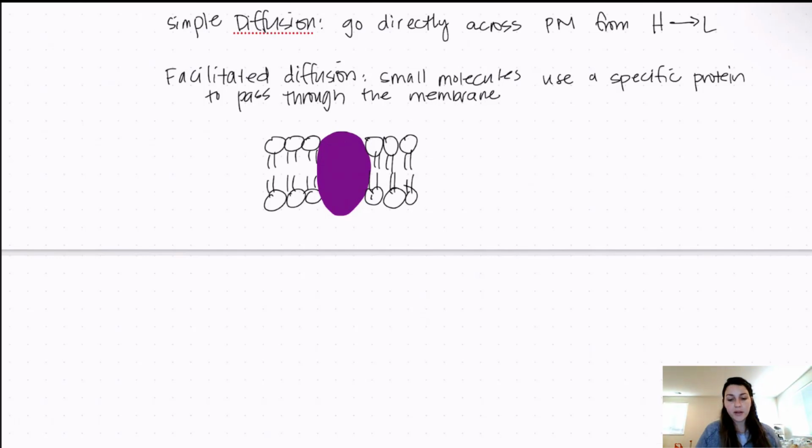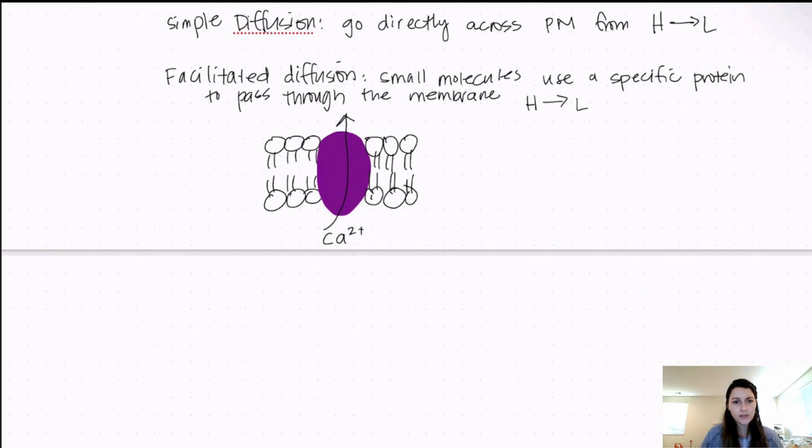This purple guy is my specific protein to allow a specific molecule through. Let's say calcium. Calcium can then pass through to the other side of the cell, and only calcium can get through, because every protein used in this way is specific to a certain type of molecule. Facilitated diffusion needs a protein helper, a protein facilitator, and it's still going from high to low.